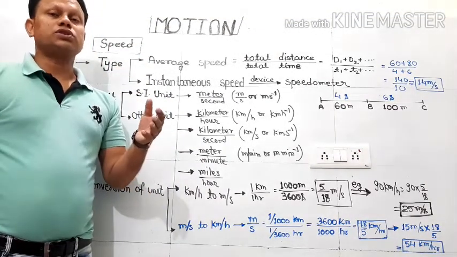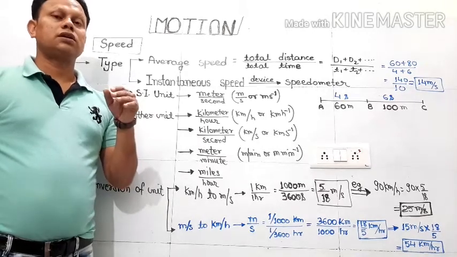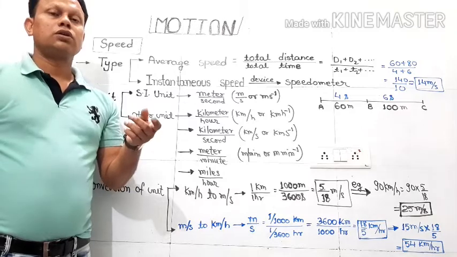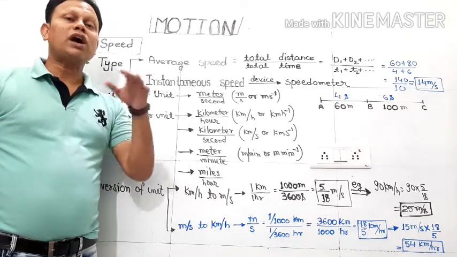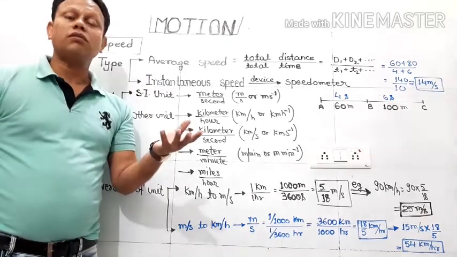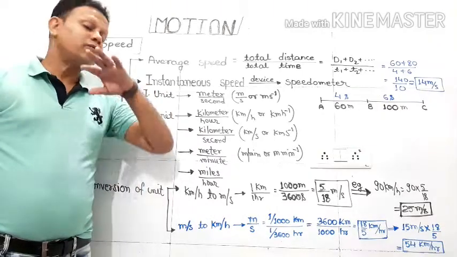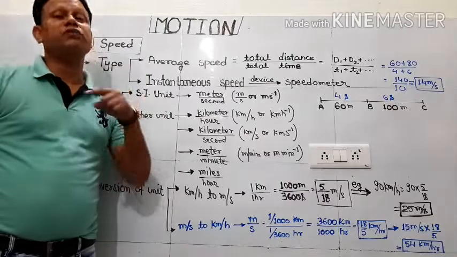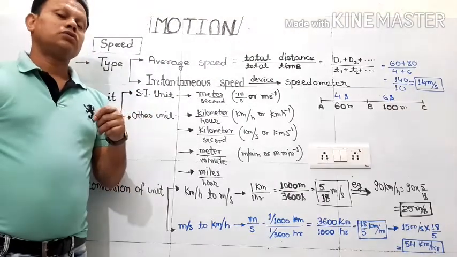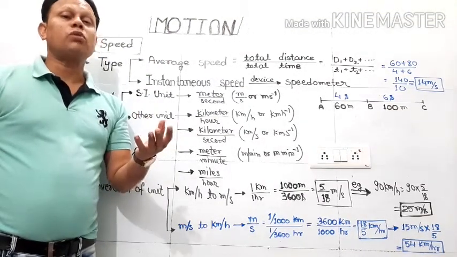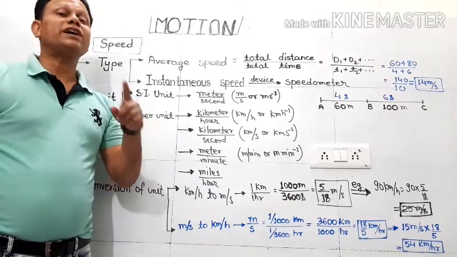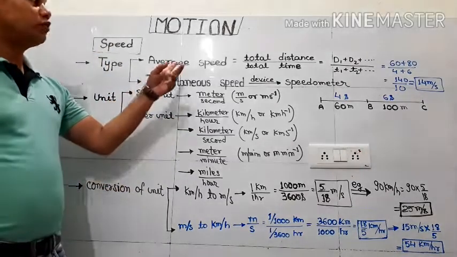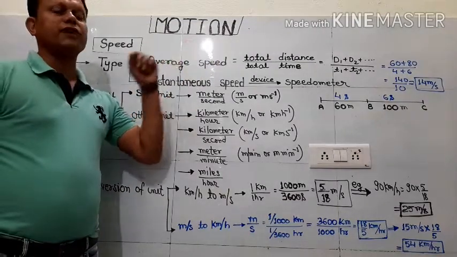Now in this situation, if we have to write the speed of the whole journey, during the journey you are moving with a variable value of speed. So in that situation, how will you write one speed for the whole journey? To come out from this situation, to write one value of speed for the whole journey, what do we do? Average speed we find.